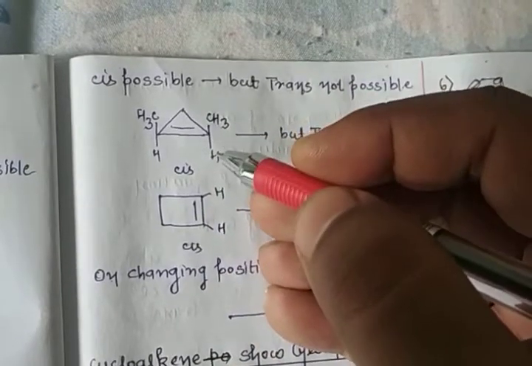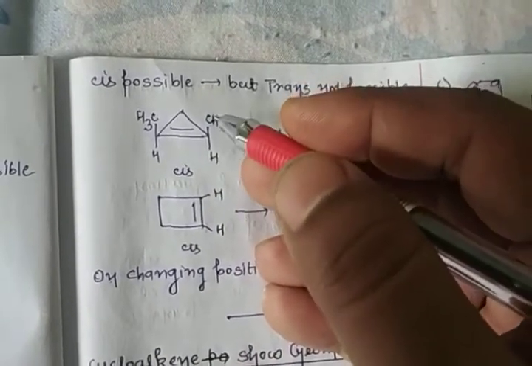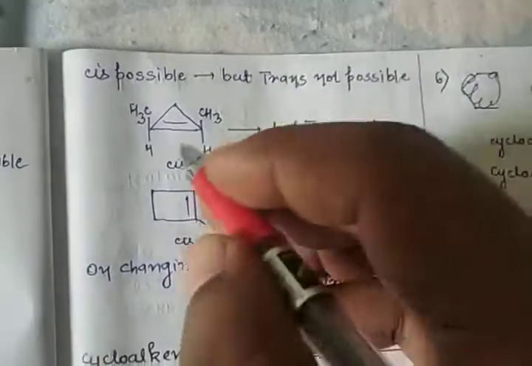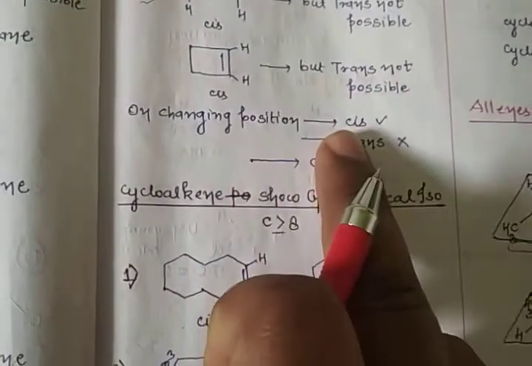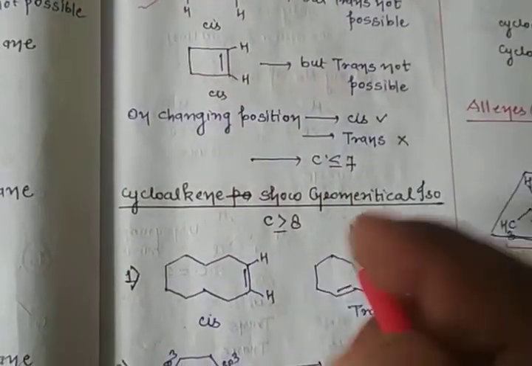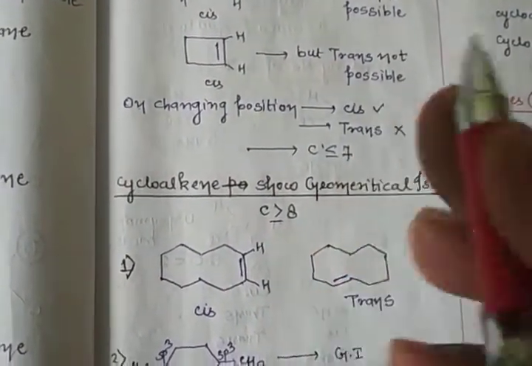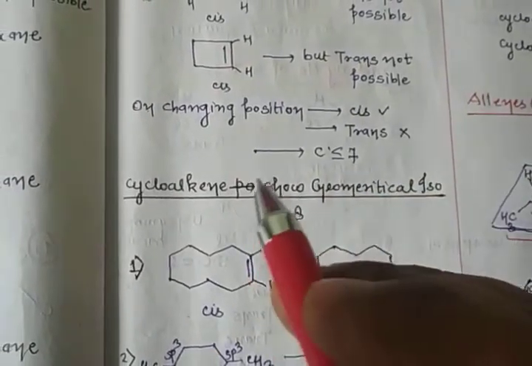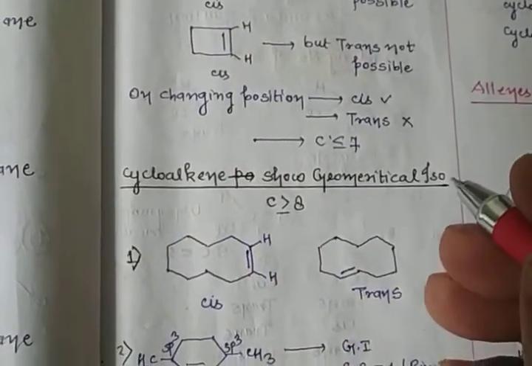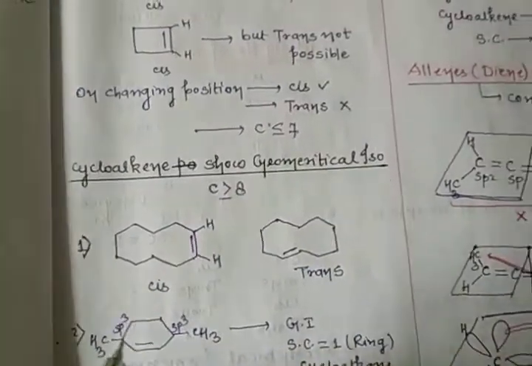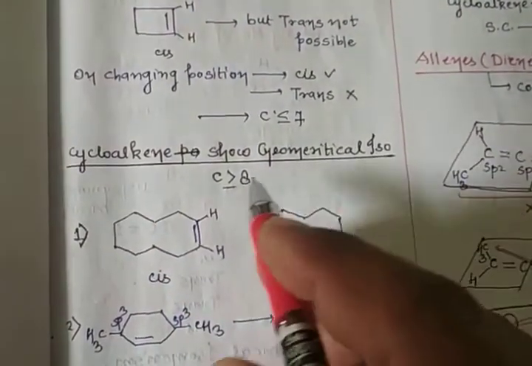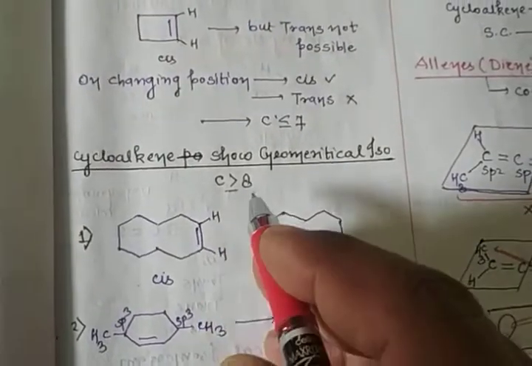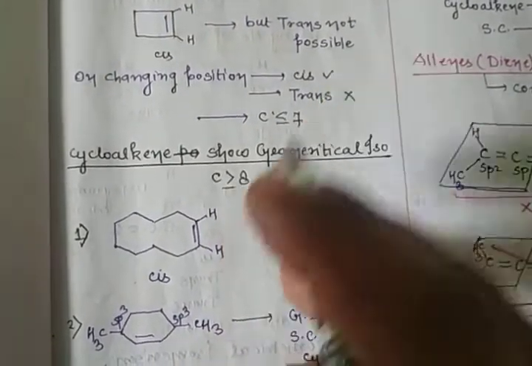So how is it possible for this hydrogen to go to that side and this CH3 to that side? Okay, clear? Clear 100%? Now again in this example, on changing position, cis is possible, trans is not possible. So carbon is less than 7. This type of example does not show geometrical isomerism. Clear?